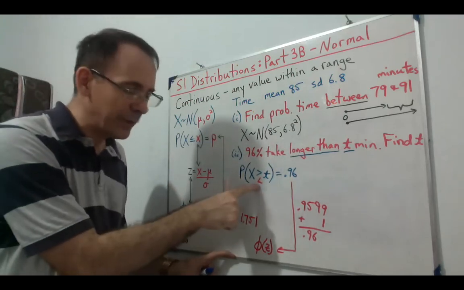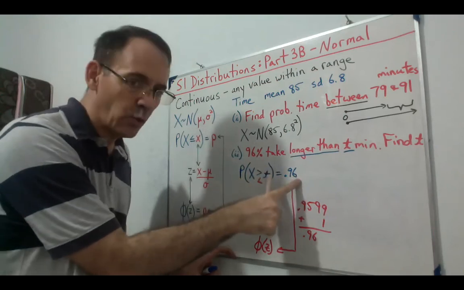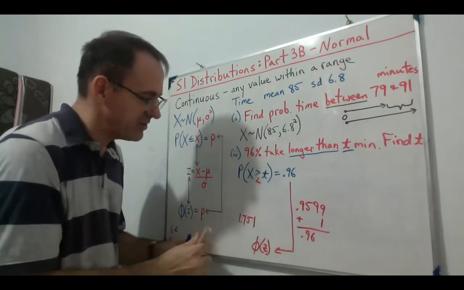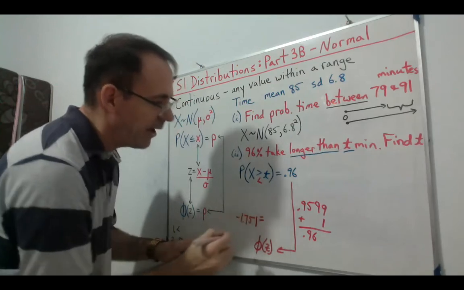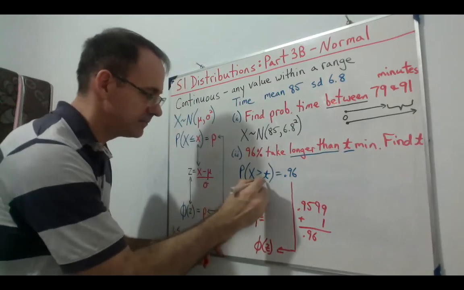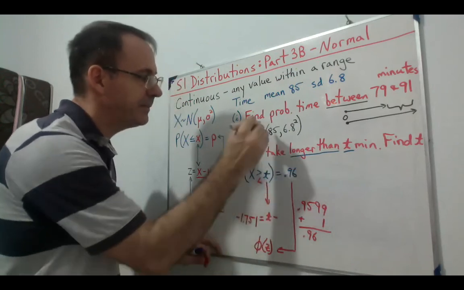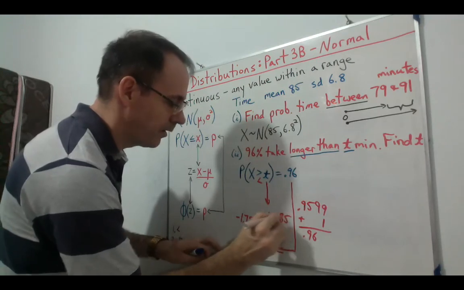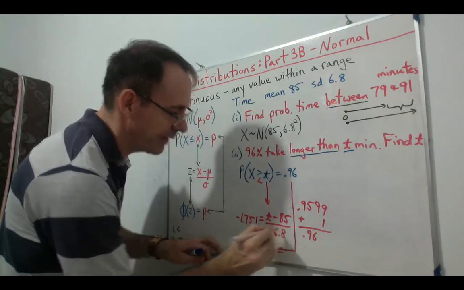Now remember, we need to flip this to a less than. We couldn't take 1 minus probability, so that means we need to change our z to negative. So now we're looking for t minus the mean, which is our 85, over the standard deviation, which is 6.8.